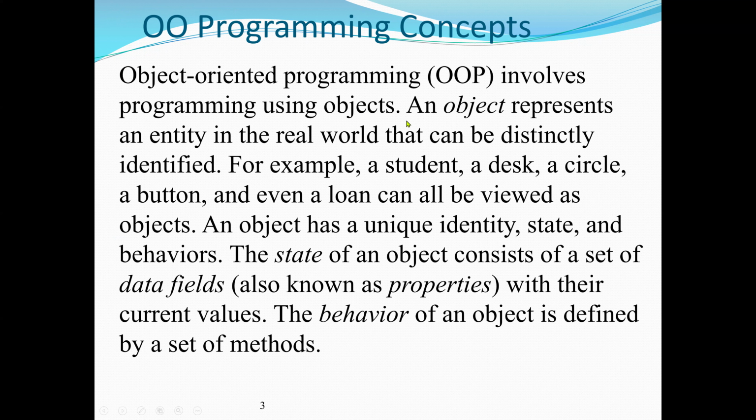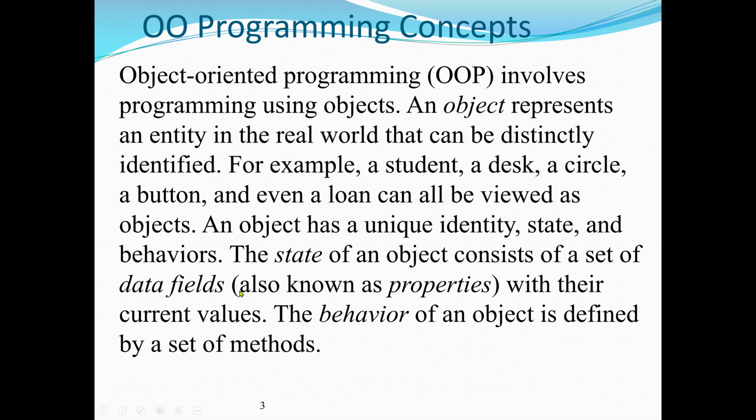So an object normally will represent an entity in the real world that can be distinctly identified. For example, a computer is an object, a car is an object, a student, a desk, a circle. Even a loan can be an object. So an object has a unique identity, state, and behaviors.